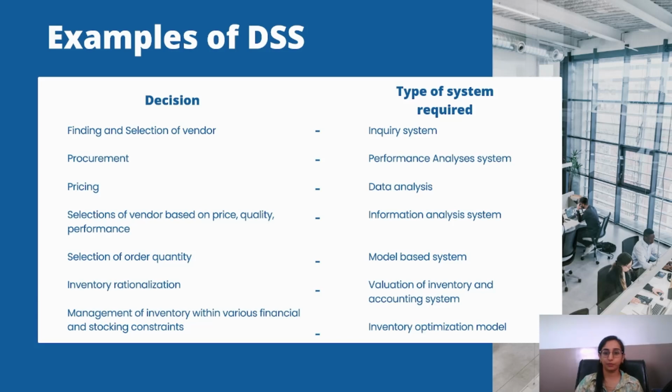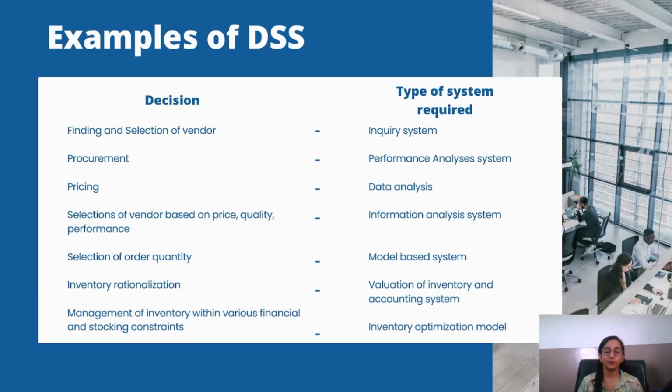Next we have procurement. The procurement process involves various activities such as preparing requirements, evaluating vendors, and selecting the most qualified ones. To analyze the performance of vendors, a performance analysis system is needed.